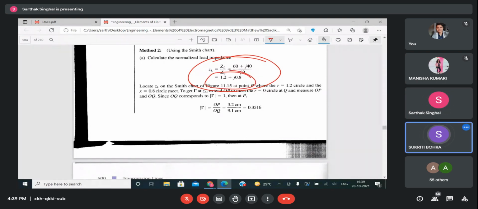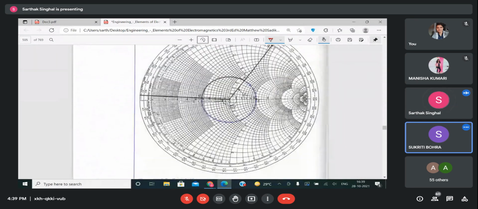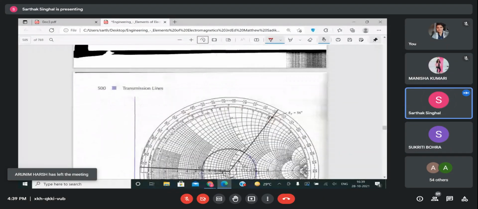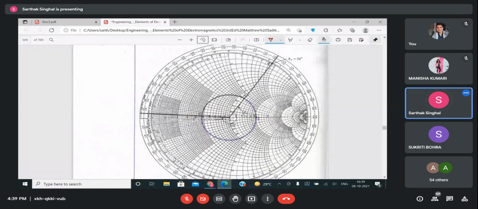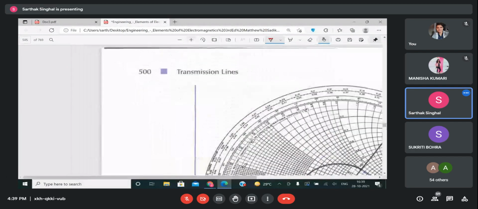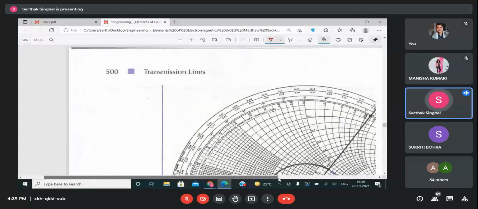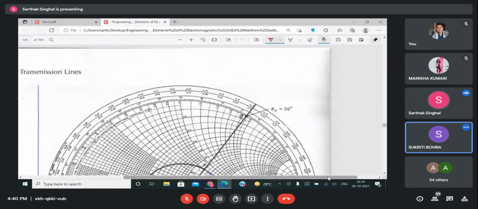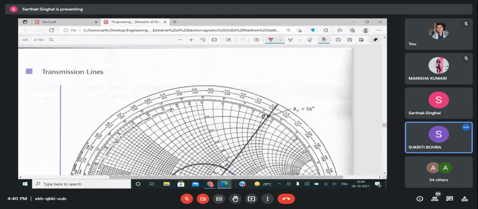Now see in this graph the value of 1.2 and j 0.8. What is the value of R? 1.2.